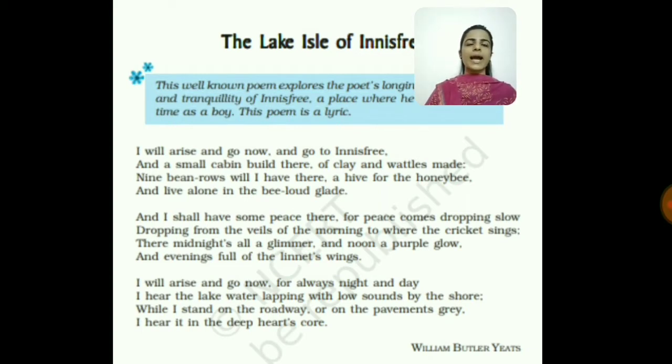Here the cricket is a kind of insect, not the cricket we play. And I shall have some peace there, because he wanted to live alone. If he is alone, he will get more and more peace. Maybe to get peace, he wanted to go there. For peace comes dropping slow, dropping from the veils of the morning.